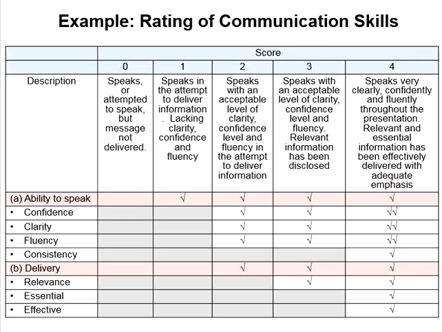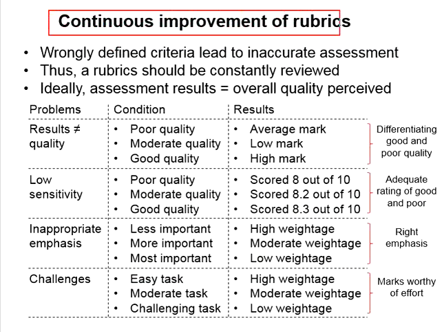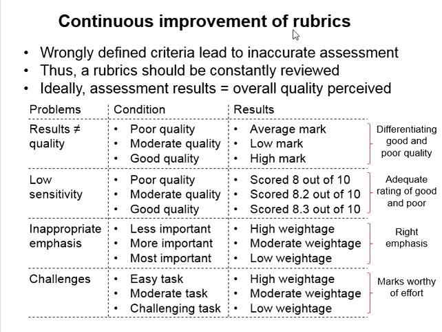You will have to fine-tune your rubrics from time to time so that they are more effective and more accurate in identifying the good performers and the poor performers. This leads to our next topic about the continuous improvement of rubrics.